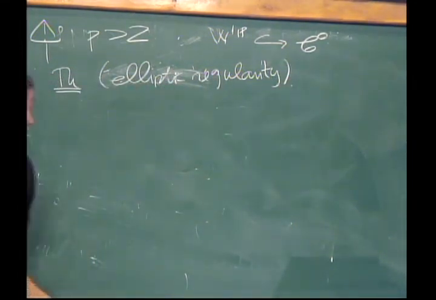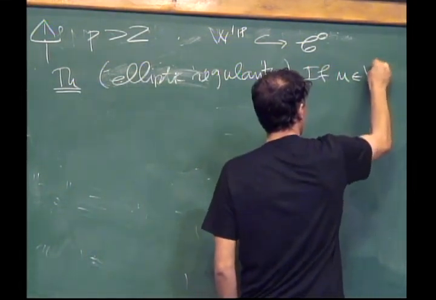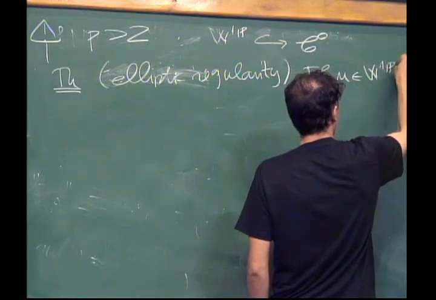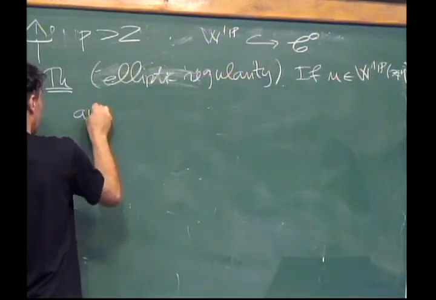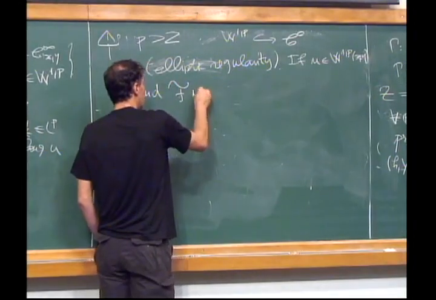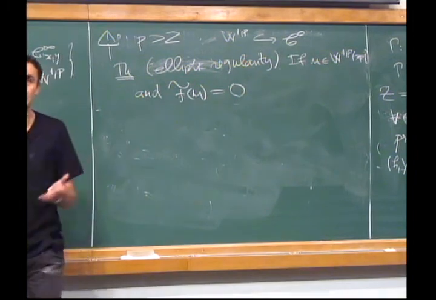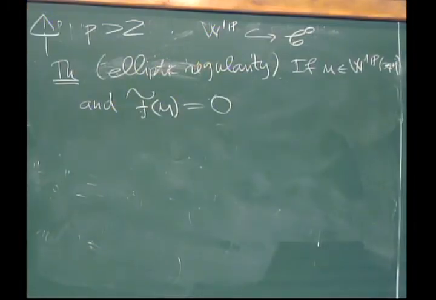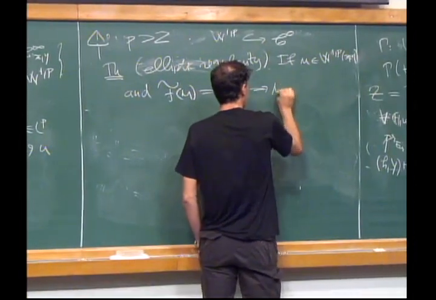If u is in this space xy and f u is equal to 0, or belongs to the 0 section, so if we have a solution which is in this space W1P xy, then this solution is smooth.